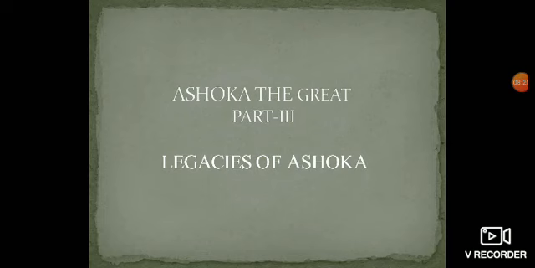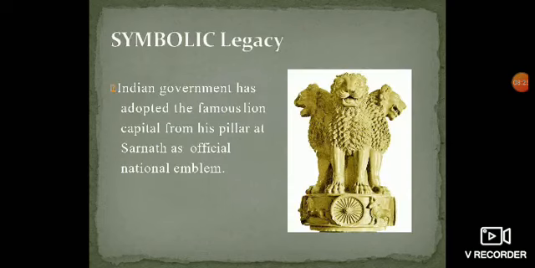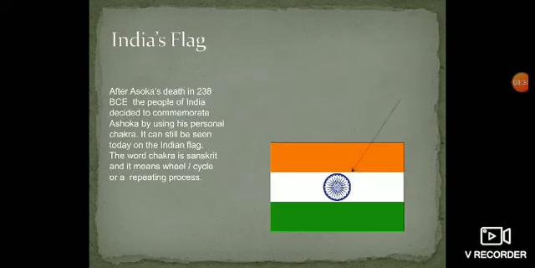Similarly, our national emblem is an adoption from the lion capital of Ashoka on a pillar at Sarnath. In the same way, the chakra in the national flag, which is also called the Ashoka Chakra, depicts the Buddhist Dharma Chakra represented with 24 lines. You can count the lines in the chakra. There will be 24 lines. This is all about the great King Ashoka.